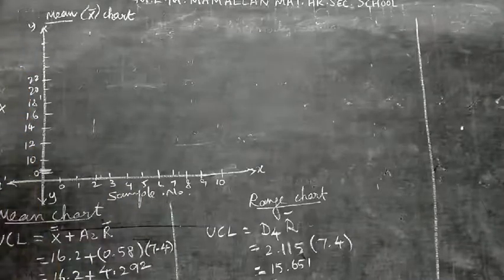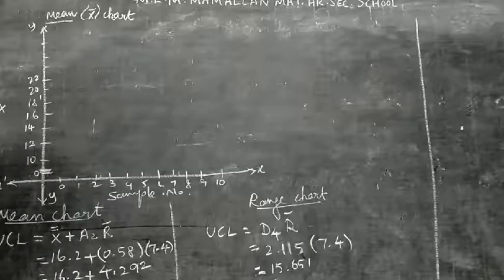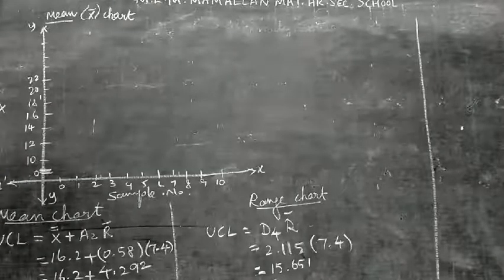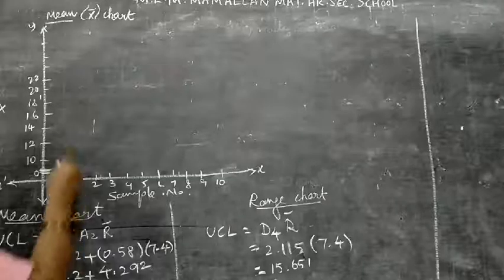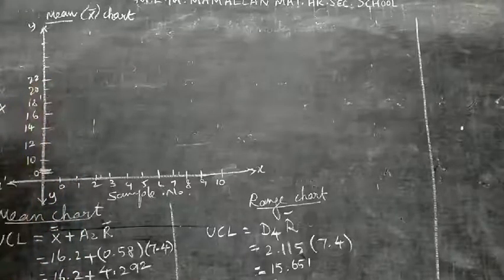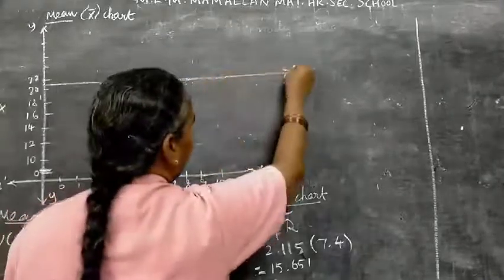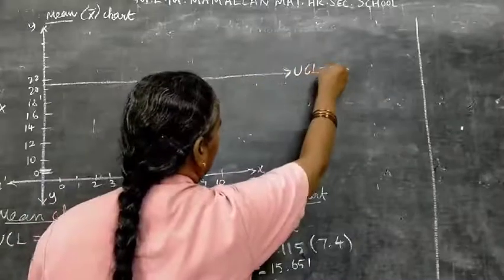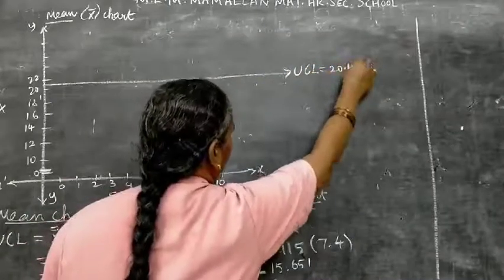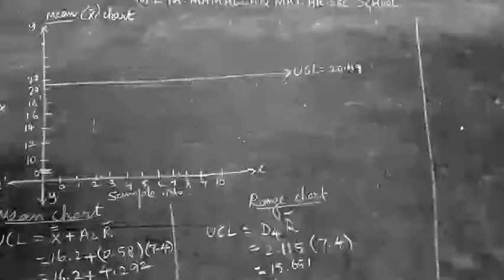Okay. Now let us plot it. First the upper control limit. What is the upper control limit value? 20.49. 20.49 is nothing but 20.5. 20.5 you will get just above 20. Just approximately above 20. You draw one line and name it as upper control limit, equal to 20.49. Must write like this. Immediately after this you should draw the central line.